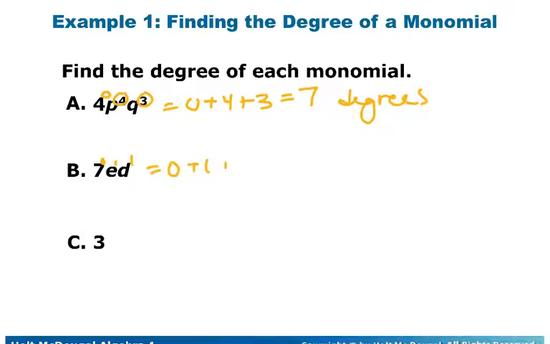So 0 plus 1 plus 1 means that the entire monomial has a degree of 2. And then the last one, if you're looking at a variable, it's actually got a 0 power, so we're talking about 3 times 1 for that piece. And so the degree is going to be 0. And I'm going to take out this equal sign because that's clearly not equal.